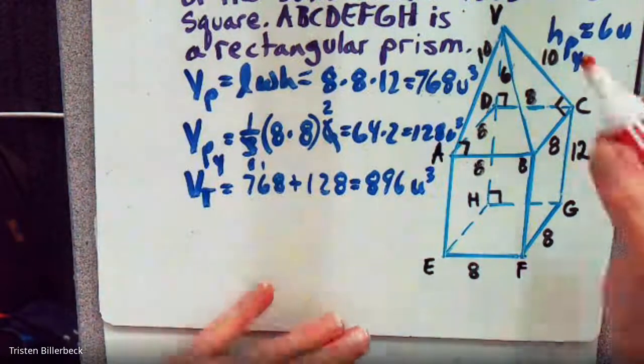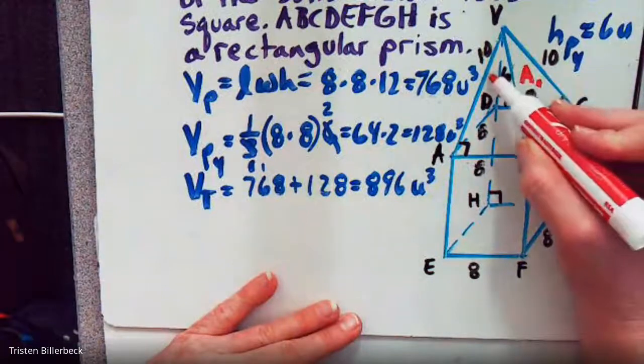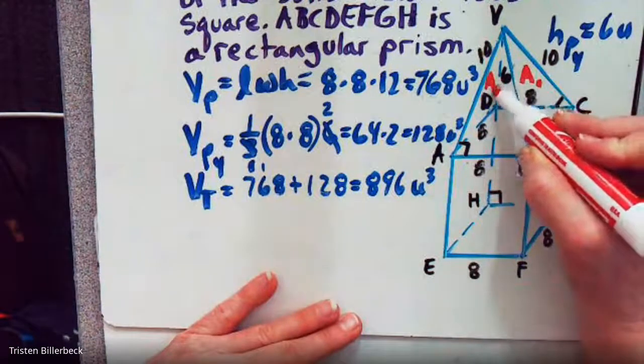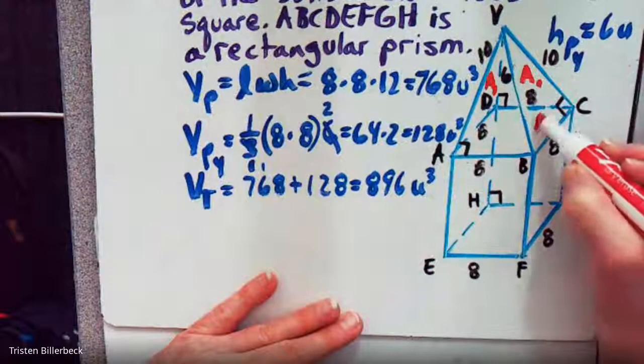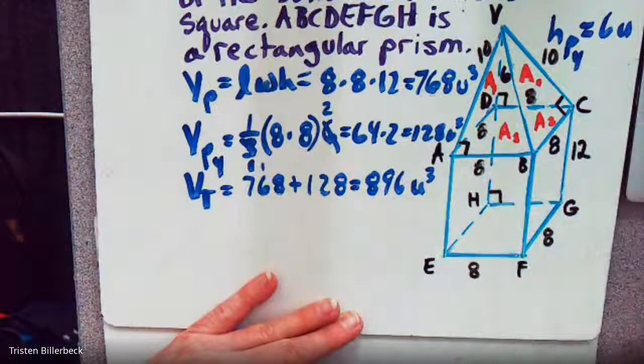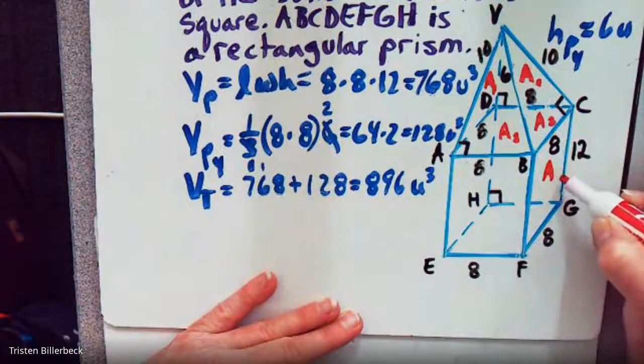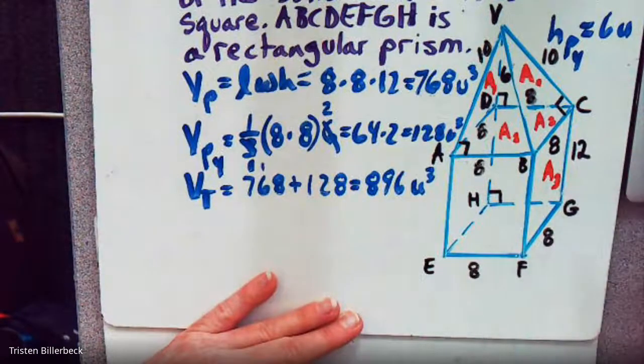Okay, so this area and this area are the same. This area and this area are the same. And then these side areas, I'm going to call them A3. There's 4 of them.